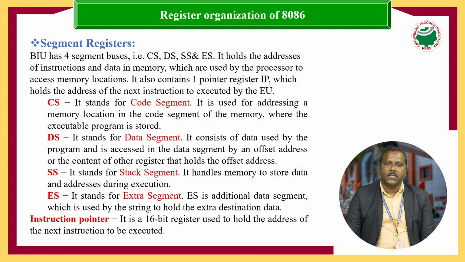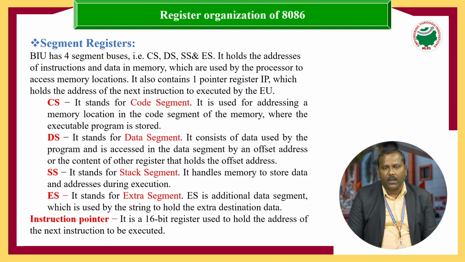Next, the third category is segment registers. The total memory of 1 MB is divided into 4 segments, so we have 4 segment registers: code segment register, data segment register, stack segment register and extra segment register. The first one is the code segment register.